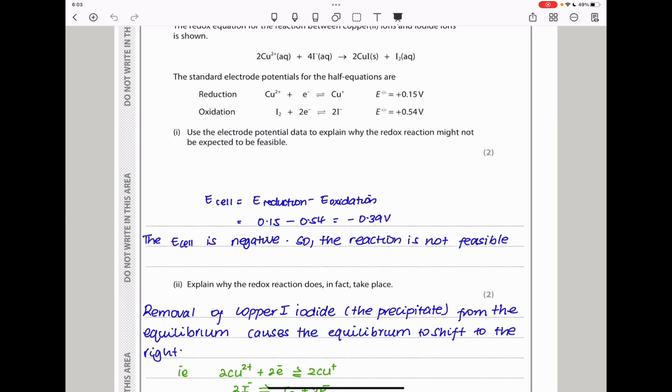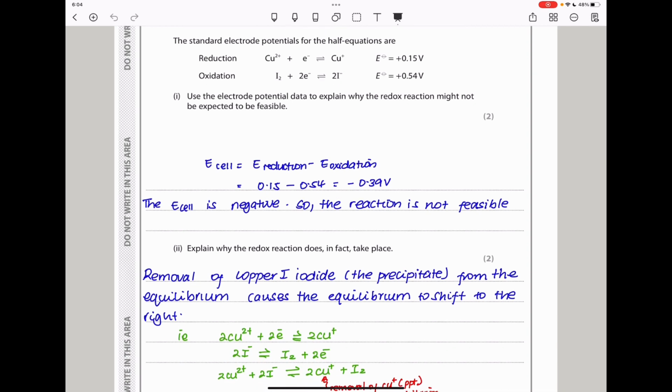Because of this negative, the reaction is not going to be feasible, because for feasibility to be established, it has to be a positive sign. Since it's a negative sign, that is why it's not expected to be feasible. Again, it should be reduction minus the oxidation, and then it will give us negative 0.39 volts.